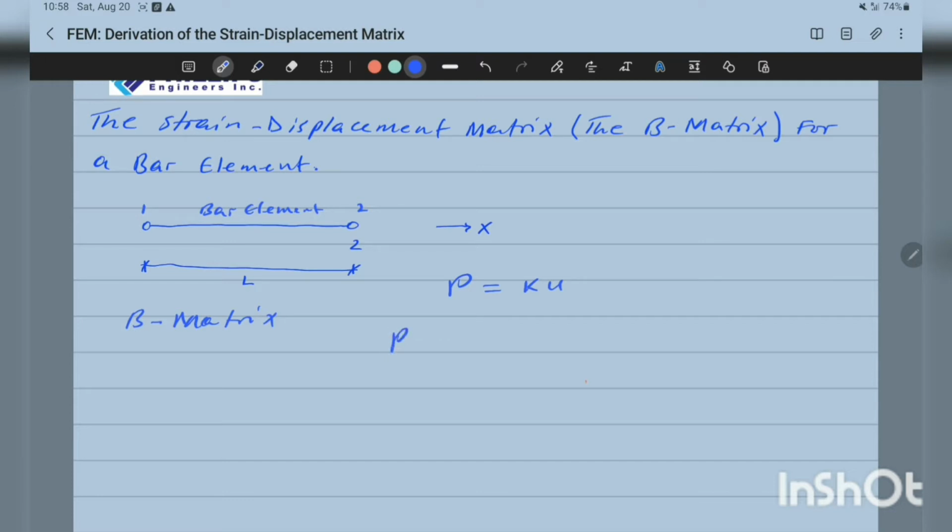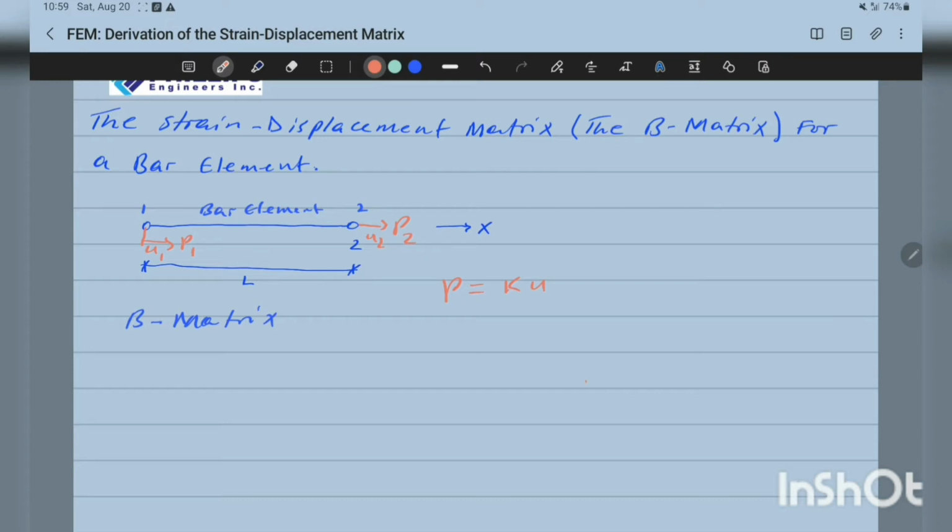So if we have a vector of two forces, P1 and P2, applied at node 1 and 2, then we will expect displacement u1 at node 1 and u2 at node 2 resulting from the applied force. This displacement can be obtained using the relationship P equals Ku.